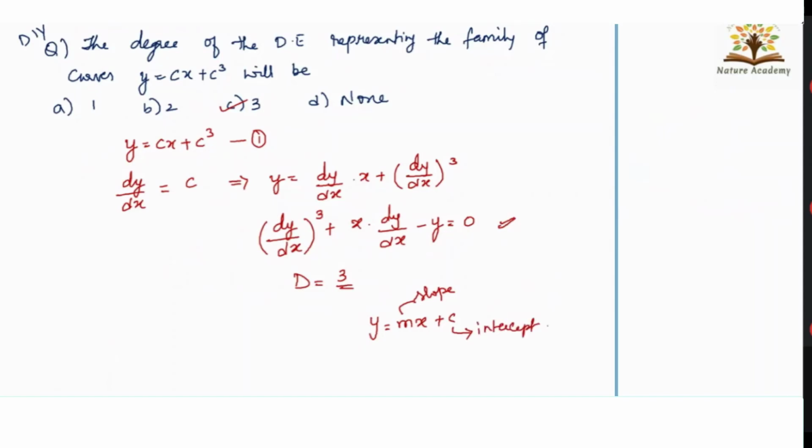So using variable separable differential equations, we can find solutions to many families of curves. We can use the differential equation and find the equation of the curve, or we can use the equation of the curve and find the differential equation. Okay, we'll come to it later.